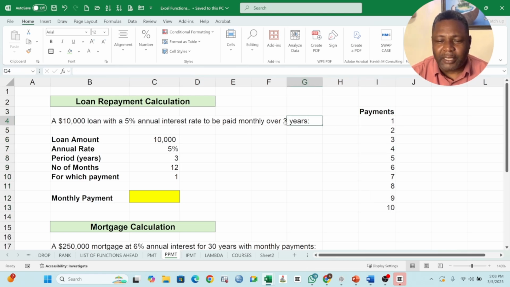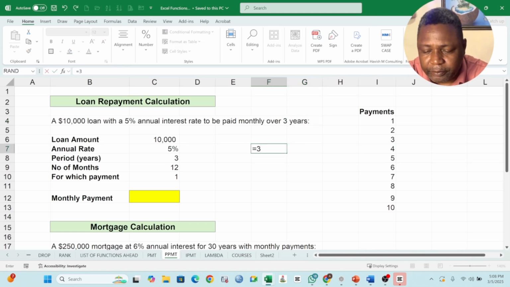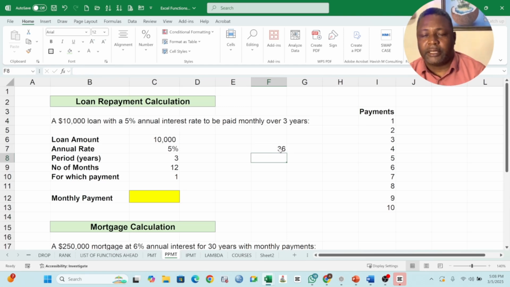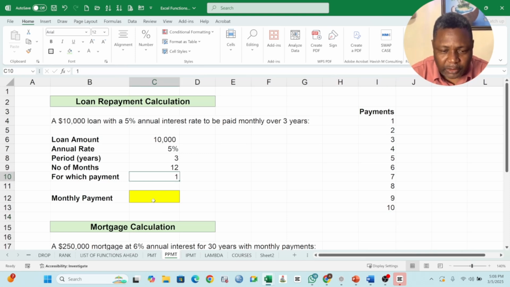If you multiply 3 years by 12, you're going to have 36. So the total period for this is 36. What we're saying is, which of the periods from 1 to 36 are we looking at? That is what the principal payment is looking at.